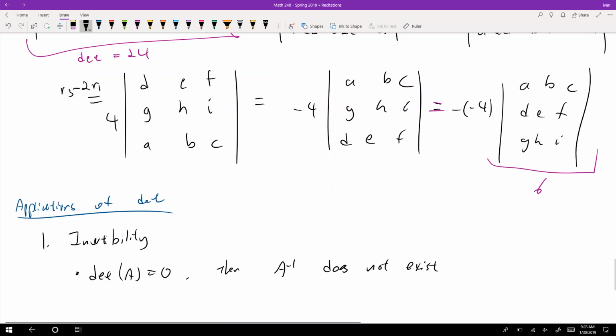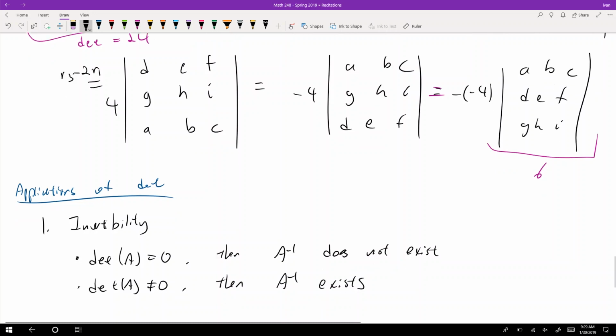It does not exist if the determinant of A is equal to 0. If the determinant of A is not equal to 0, then A inverse exists. I think we mentioned this at the beginning of class with the 4 things. So determinant A not equal to 0, then A inverse exists, etc.